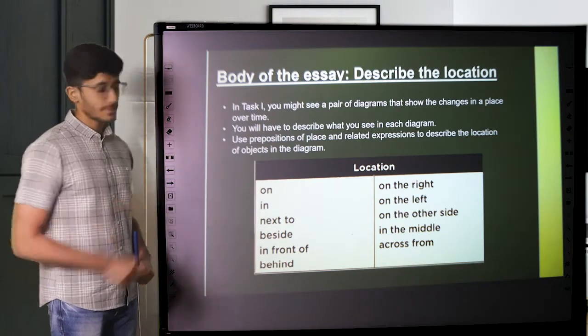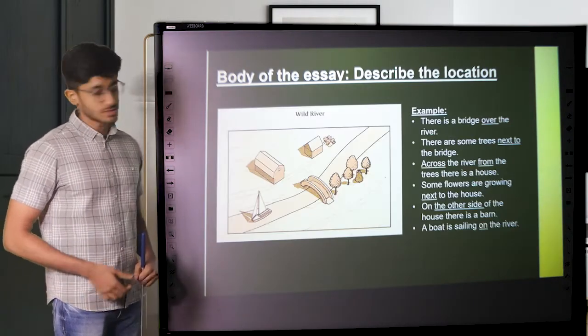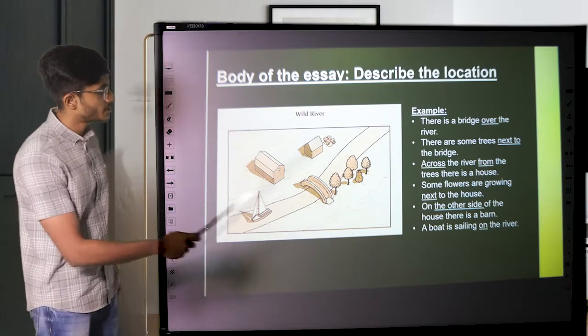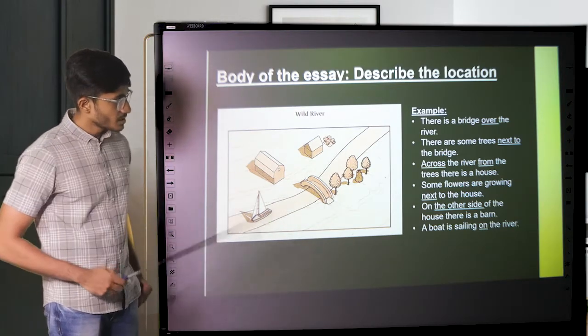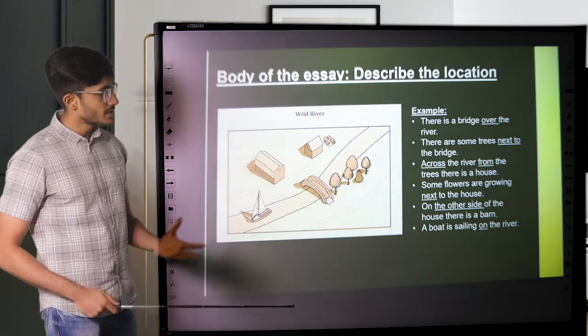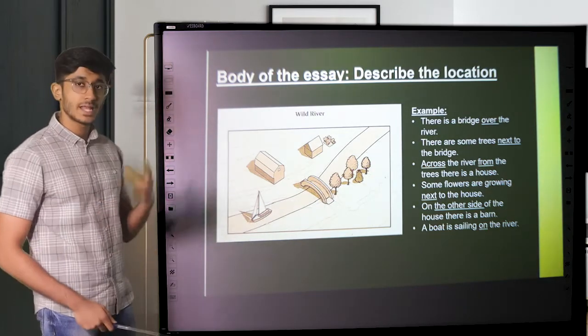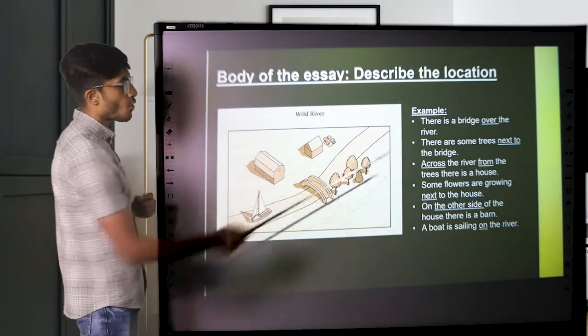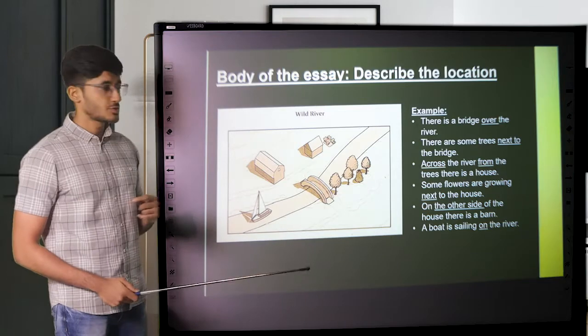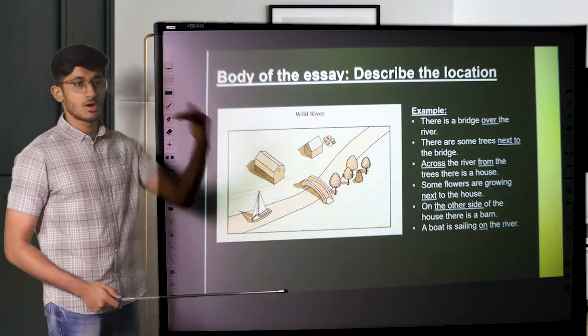For better understanding, let's show you an example. So here we have a picture showing a couple of things. When you're trying to describe it, you're going to have to explain the location of each of the elements. For example, there is a bridge over the river. Where is the bridge? The bridge is over the river.